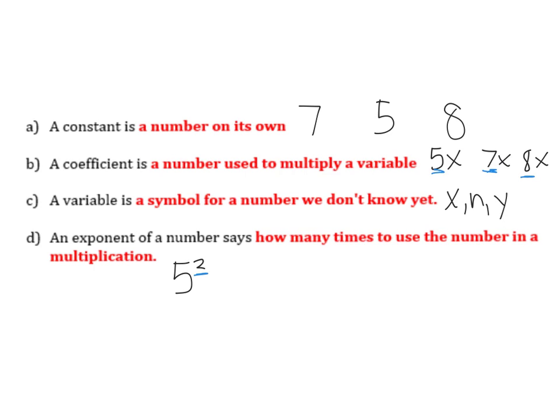You're familiar with that, hopefully. 7 to the power of 3: 3 is the exponent. This means to multiply 7 times 7 times 7. And 8 to the power of 6, that would mean to multiply 8 times 8 times 8 times 8 times 8 times 8.